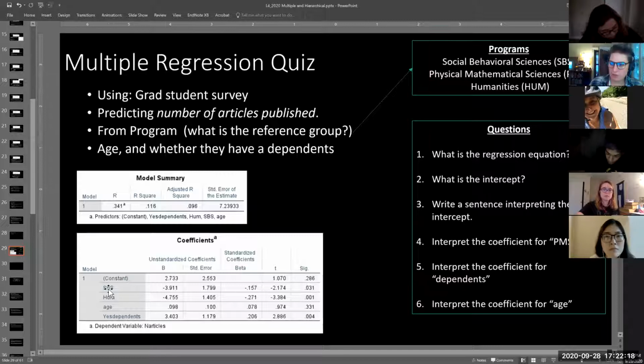So I have 1, 2, 3, 4 predictors in this model. These two, SBS and humanities, are the same as what you've seen before. SBS, PMS, and humanities. And so what I'd like for you to work on, I'm going to give you 5 minutes of quiet time with me not talking, but me here.